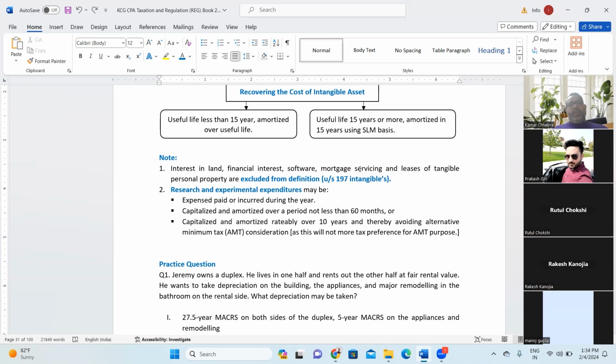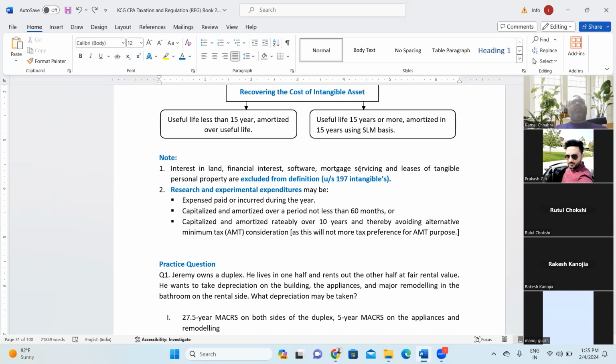Research and experimental expenditure may be expensed in the year paid or incurred, or capitalized and amortized over a period not less than 60 months, or ratably over 10 years, and this avoids alternative minimum tax consideration, as this will not be a tax preference for AMT purposes.